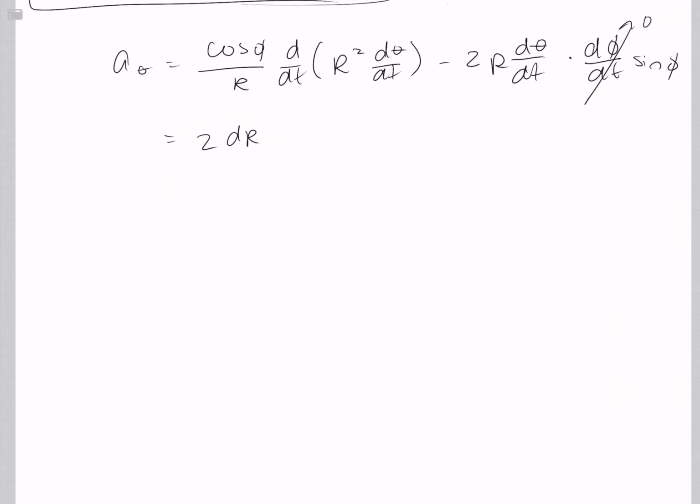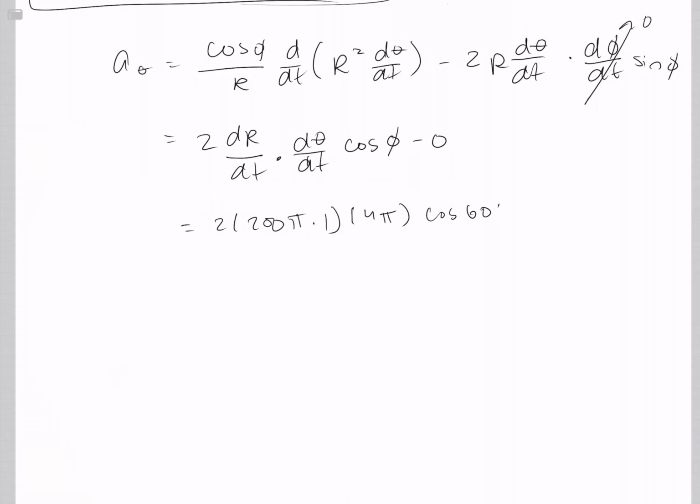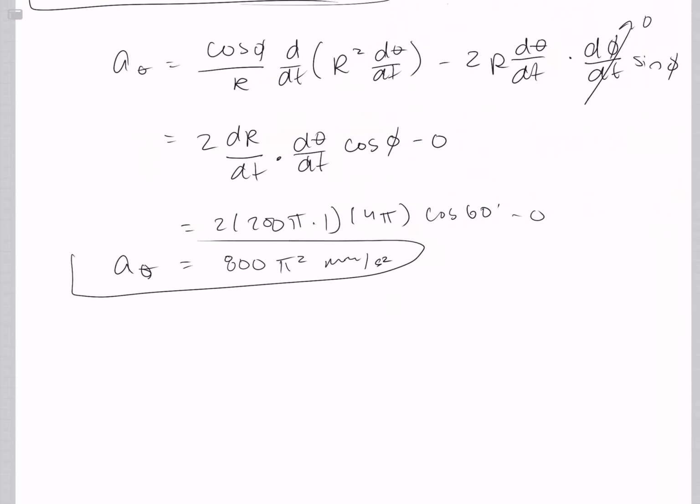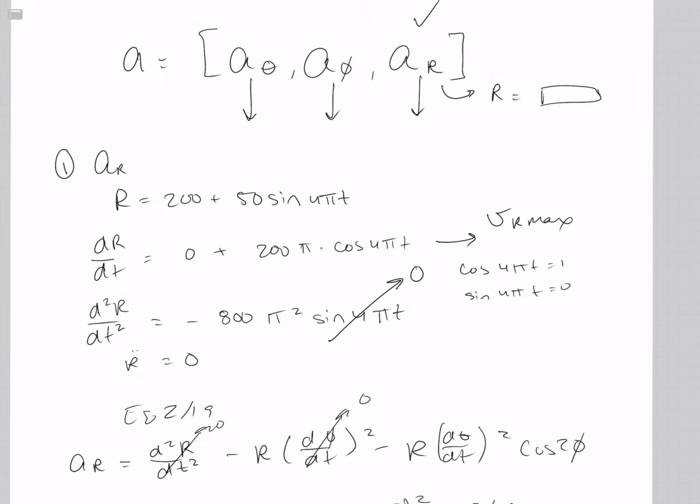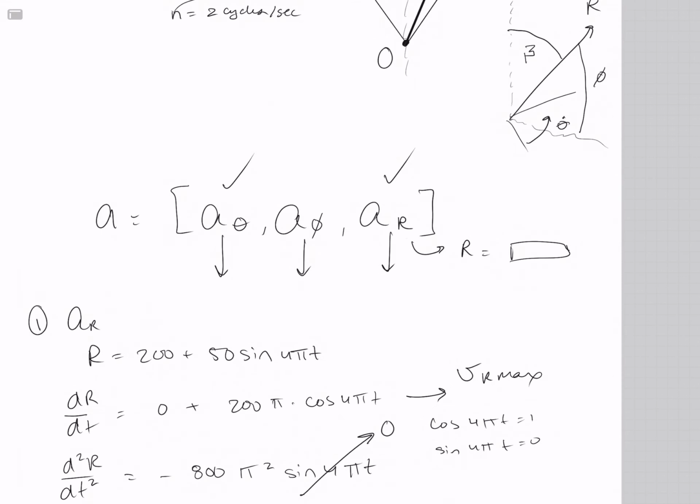Now if we multiply this out, we get d theta over dt times cosine of phi minus 0. Plug in what we know, we'll get 2 times 200 pi times 1 times 4 pi times cosine of 60 degrees minus 0. And that all boils down to 800 pi squared millimeters per second squared. And this is now the second component of acceleration.